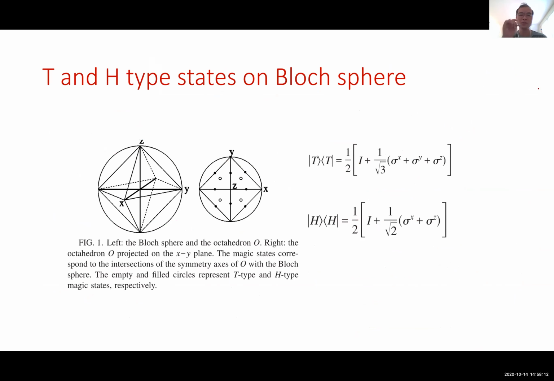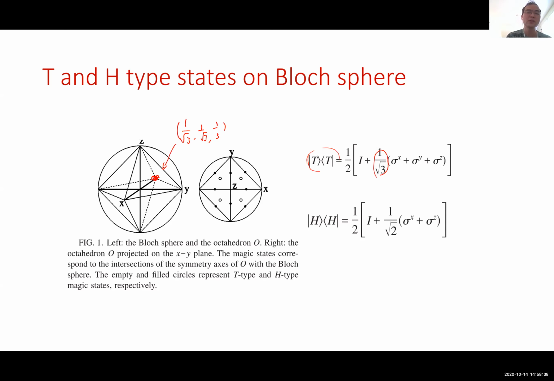Yeah, so this is what I promised to you earlier. The T state, if you write it in terms of the density matrix, has this nice geometric interpretation: it is at the corner of this shape here, at coordinate 1 over root 3.